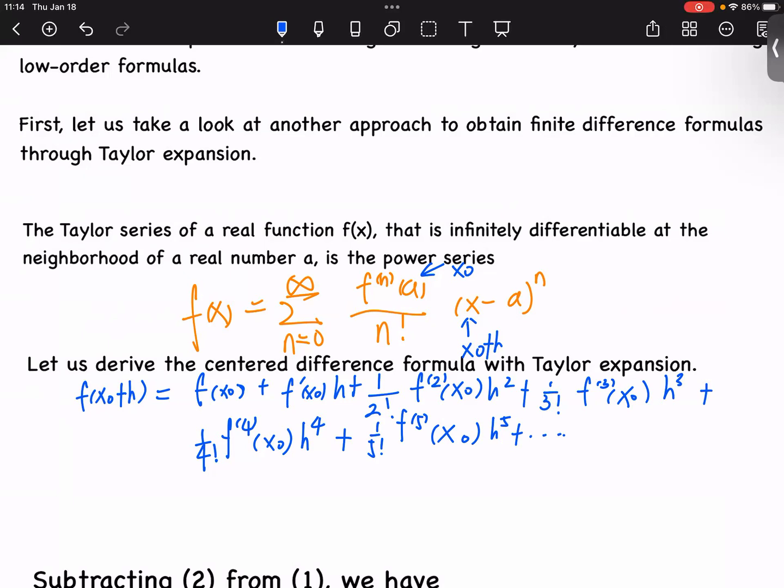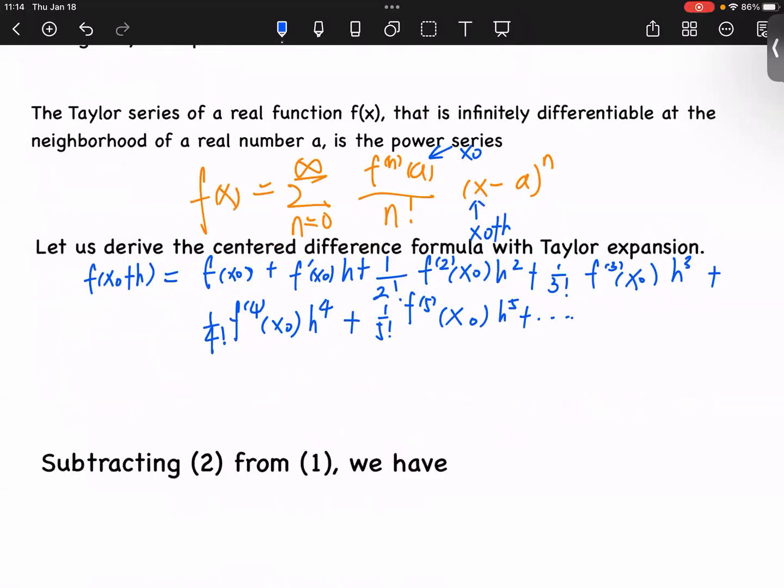And let's take a look at the second term. This is the second term here, and we are doing the same thing, getting the Taylor expansion for it. We have the first one, but this time you need to be very careful because the sign changes.